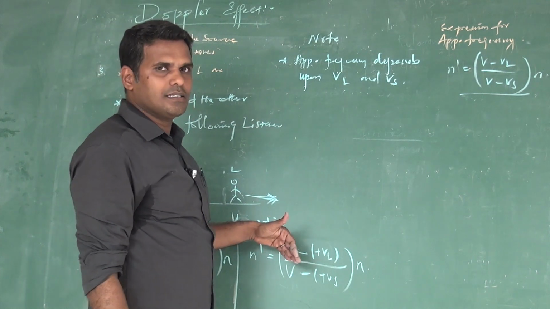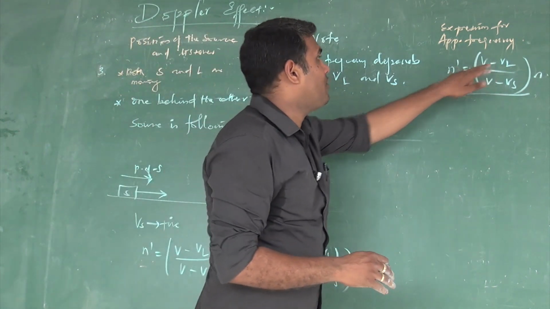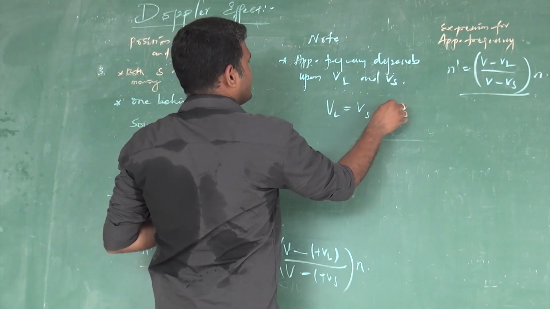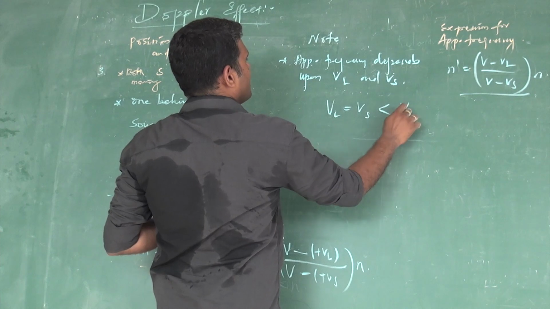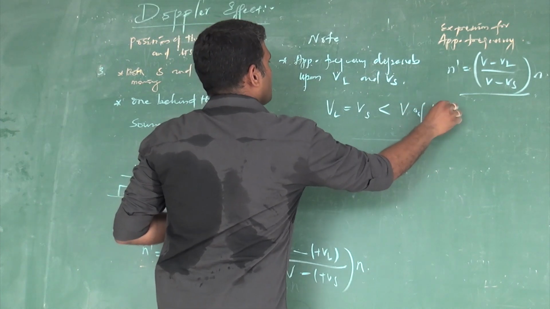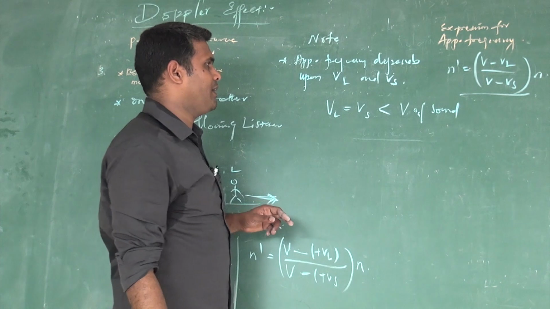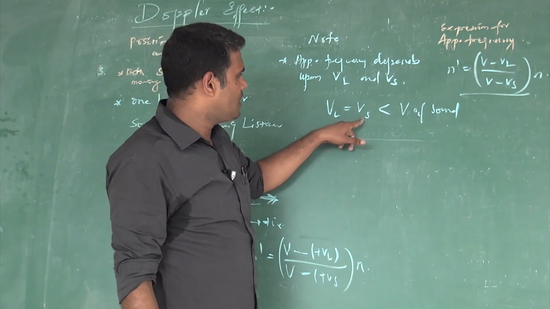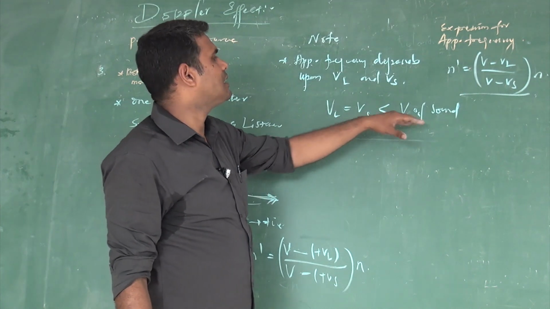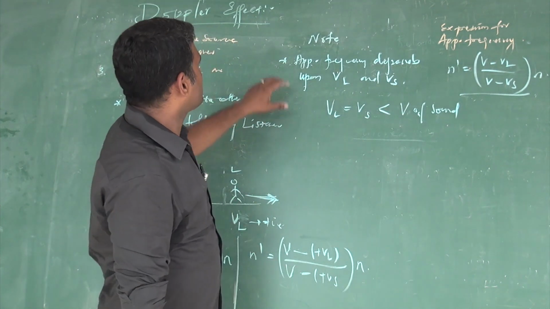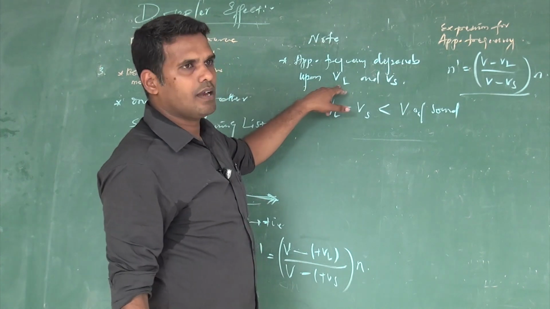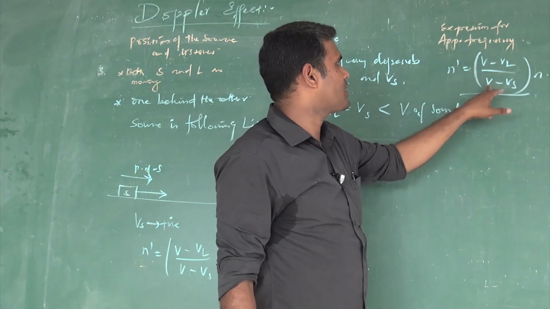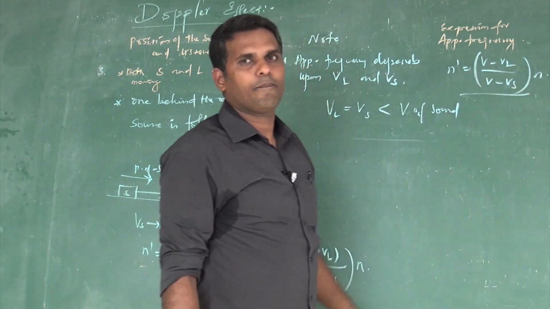In all our discussions, we always consider that the velocity of the listener as well as the velocity of the source are less than the velocity of sound in the given medium. This is our consideration always. So the apparent frequency depends upon the velocity of the listener and the velocity of the source, whose expression is n prime equals (V minus VL) by (V minus Vs) into n.